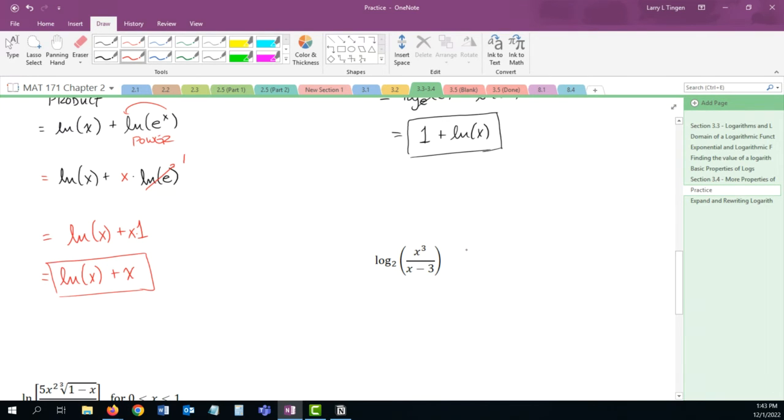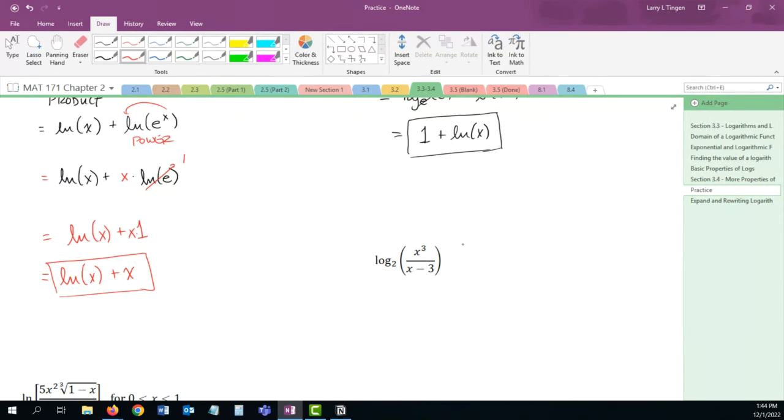All right. So next, log base 2 of quantity x cubed divided by x minus 3. What's my outermost operation here? Is it multiplication, is it division, or is it a power? Well, I have log base 2 of whatever I'm taking the log of, and that entire thing is not raised to a power. The numerator is, the denominator is not.